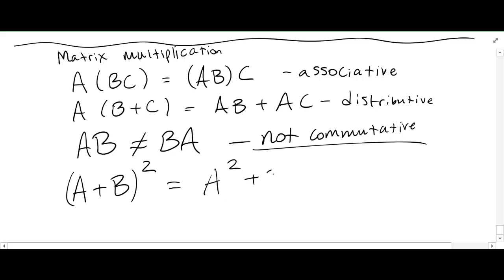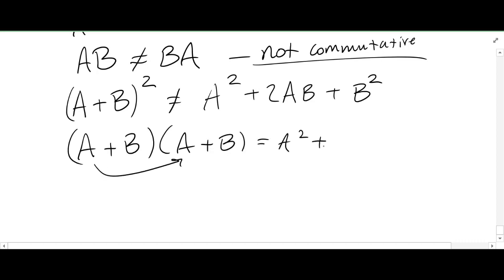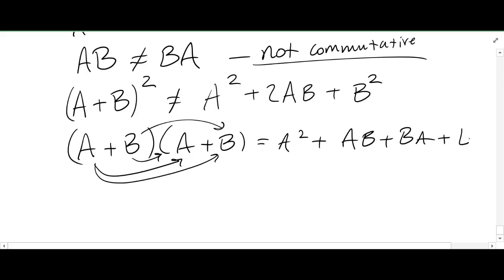We're really used to that, but that's not necessarily true for matrix multiplication, because in reality what it is when you distribute this is A squared plus AB plus BA plus B squared. But AB is not the same as BA, so you can't combine them. So it's not necessarily the same.